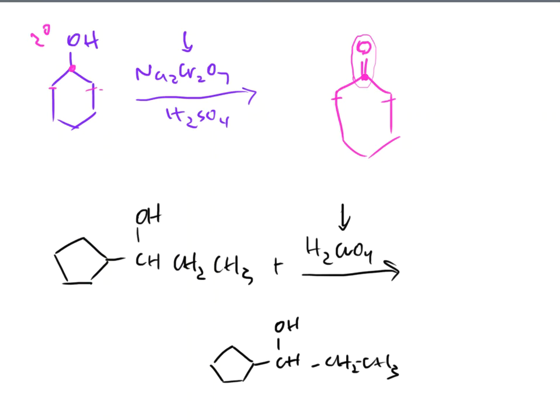And the rules tell me oxidation increases the number of C to O. So the only way that this is going to happen is if I erase that hydrogen and I erase the hydrogen there, that opens up a site of attachment, and bink, there you go. There's your C double bond O. This OH group is on a carbon that's attached to 2 others. I know there's a ring to the left, but it doesn't matter. It's attached to a carbon.